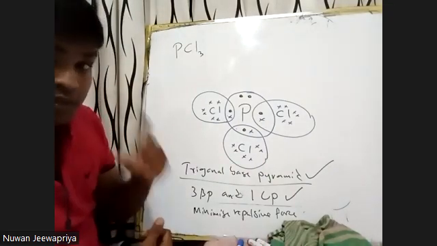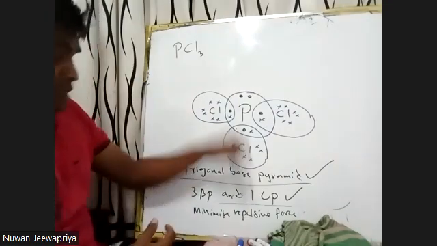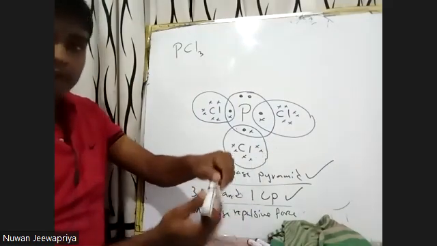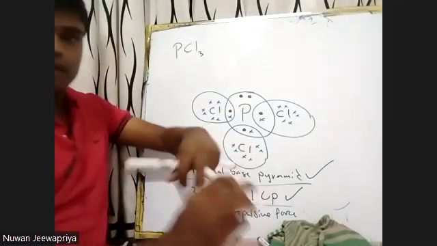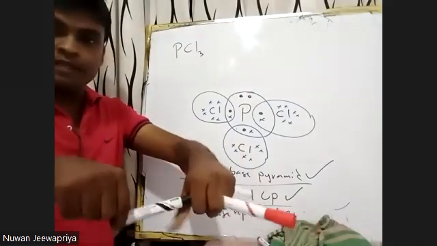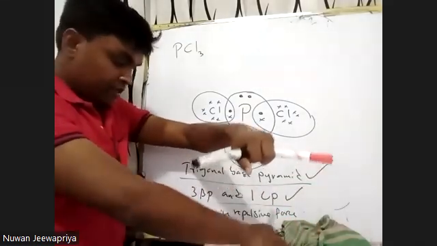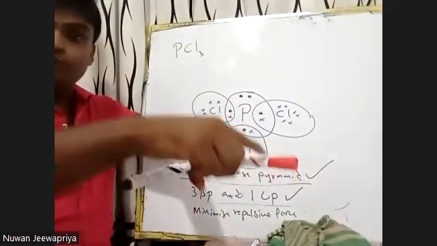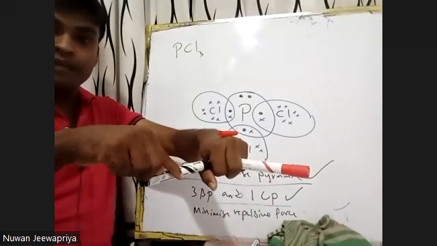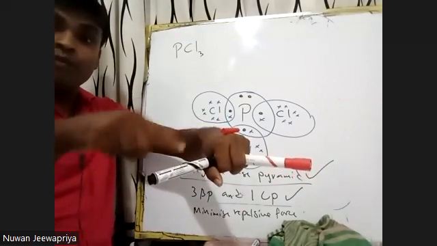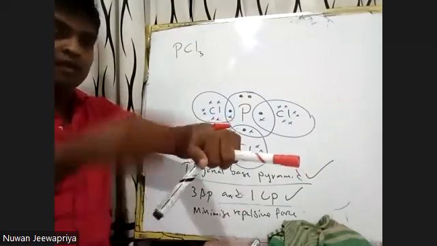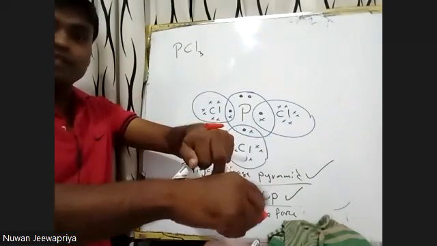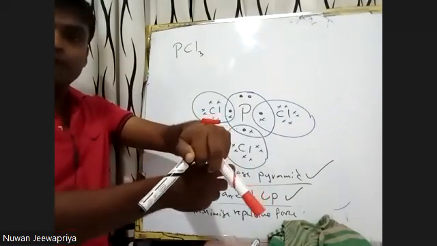You'd better also say that the lone pair repulsion and the bond pair repulsions are anyway there, but the lone pair-bond pair repulsion is strong.